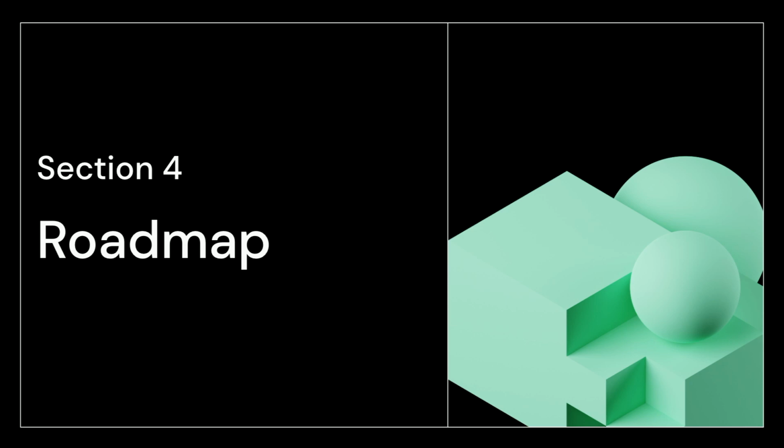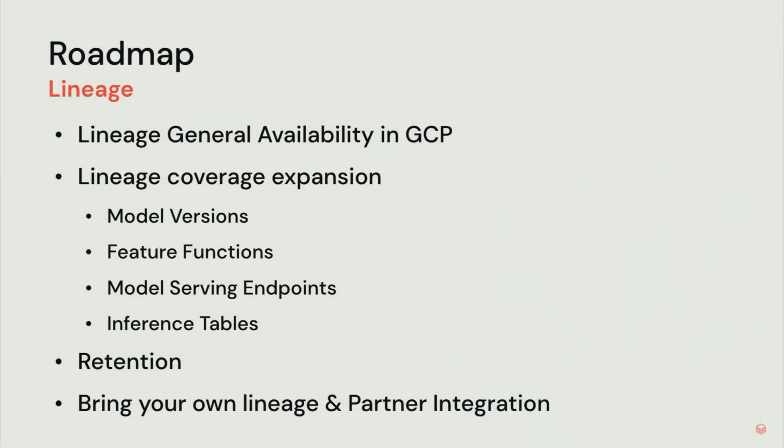Finally, the roadmap. On the lineage side, we are going to do lineage general availability on GCP, and also keep expanding the lineage coverage to support model versions, feature functions, model server endpoints, and inference tables. We are also going to increase the lineage retention. As part of last mile lineage, we are going to support bring your own lineage to support non-Databricks entities and keep expanding our partner integrations.